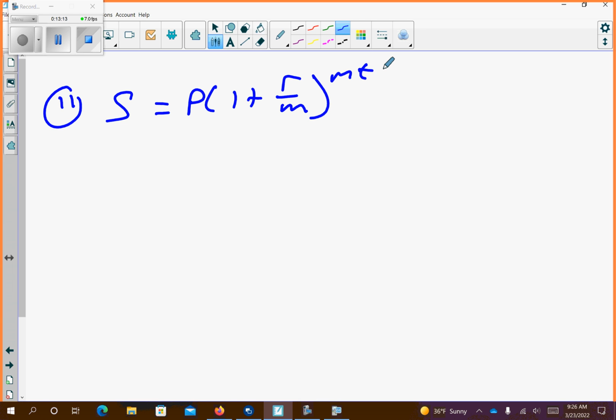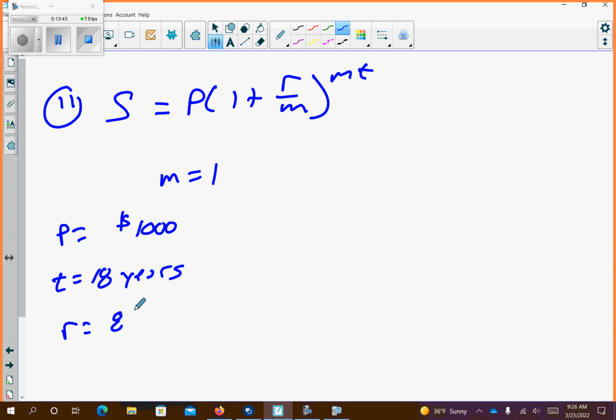M is going to equal 1, and you'll probably have to graph. Or you could just plug into that. $1,000 is your P value, your time is going to be 18 years, and the rate is 8%, which is 0.08. So you can plug that in and find that.